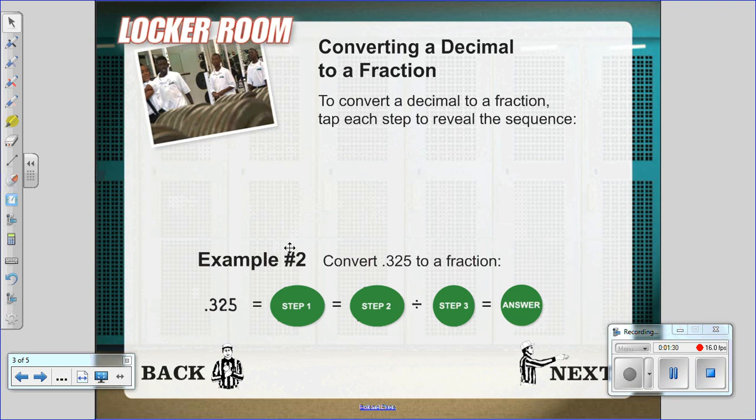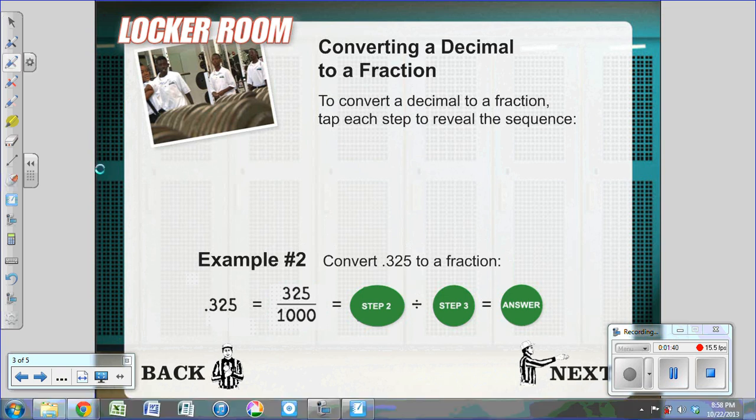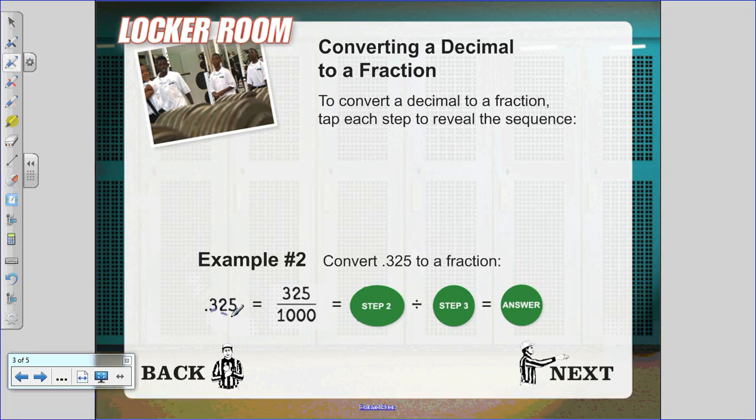Okay, let's try this one. Convert 0.325. So again, I want to say this right. It's 325, and it is thousandths this time because I have 1, 2, 3 decimal places. So I have to have 3 zeros. So 325 thousandths. I'm going to write that number and divide it.